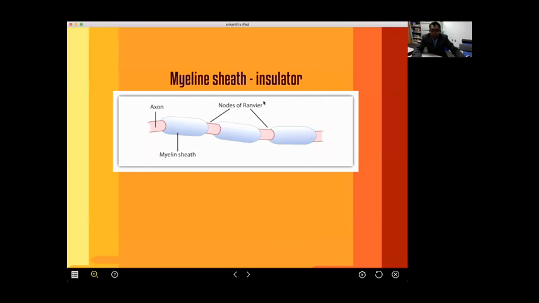These nodes of Ranvier are the uninsulated parts of the myelinated axons. Now you may ask, if the axons carry information and the myelin sheath is acting as an insulator, why are these spots called nodes of Ranvier there without any insulation?